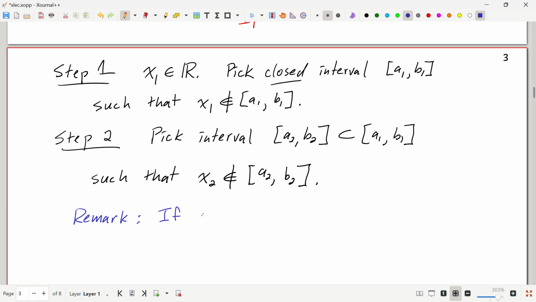If X2 is outside the first interval, if it's outside A1, B1, then you can take the second interval to be the same as the first interval.